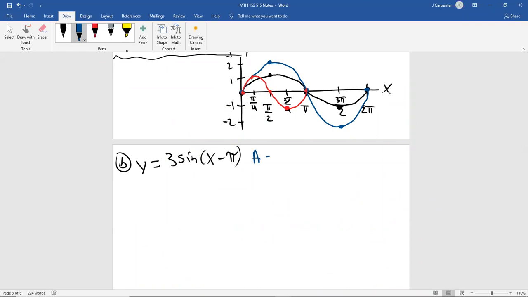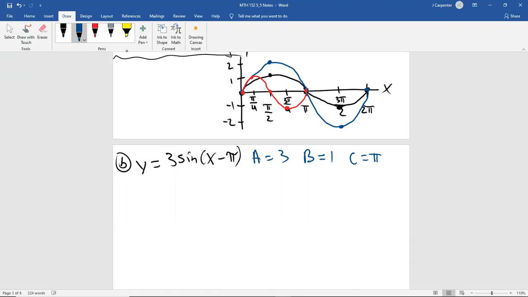All right, so our A, the amplitude factor, is 3, the absolute value of 3 is 3. The B is 1, so the period will be unaffected. And the C is going to be pi. Now, some people will say minus pi, some people will say positive pi. If you go with the format I introduced earlier, I'm supposed to not write the minus here. If it was a plus, I would actually write a minus.